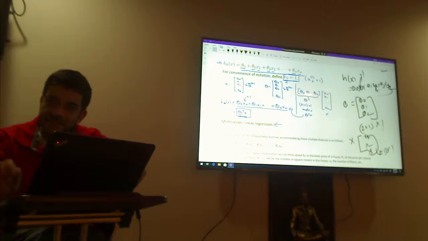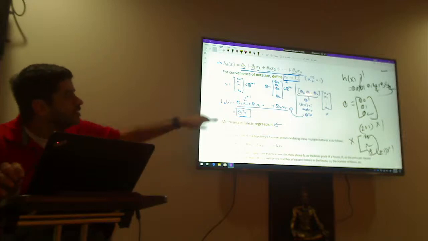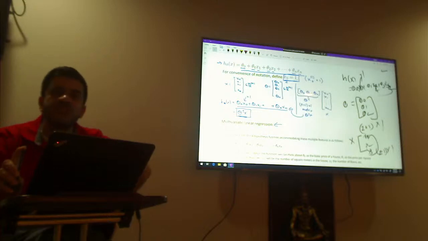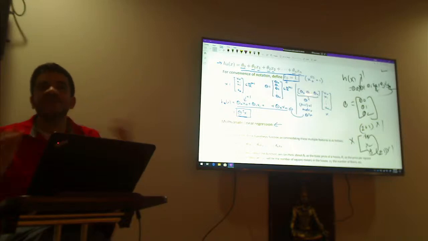How can you write the overall equation? Theta transpose x. The only thing you need to understand is why I picked the transpose. You made the columns into rows, so you can multiply and simplify this. That's it.